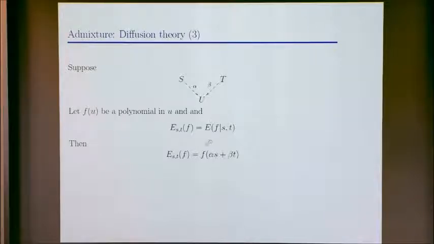And all I do is I substitute alpha s plus beta t for u, and I get a new polynomial in s and t. I've eliminated u. Right. So I told you how to lift the drift edges. I told you how to lift the admixture edges. Right.